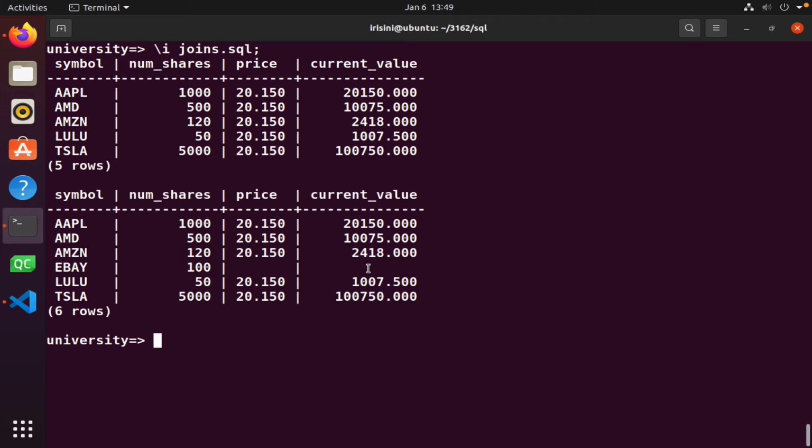So hopefully the exercises will clarify that doubt in your mind, because it's quite a very useful and powerful command to be able to find rows that do not have a matching row in other tables in your database. All right, so that's it for joins.